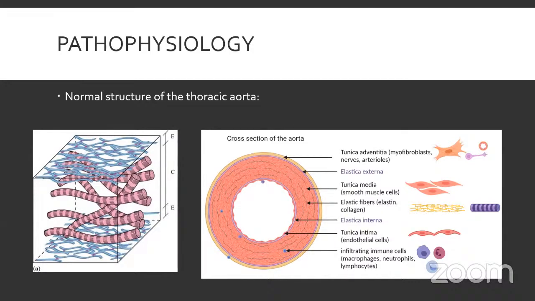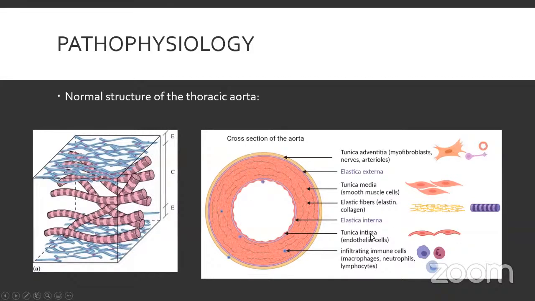I want to put more focus on the elastic layers of the tunica media. Usually these are made of two elastin sheaths, which you can see on the right, sandwiching a collagen layer.